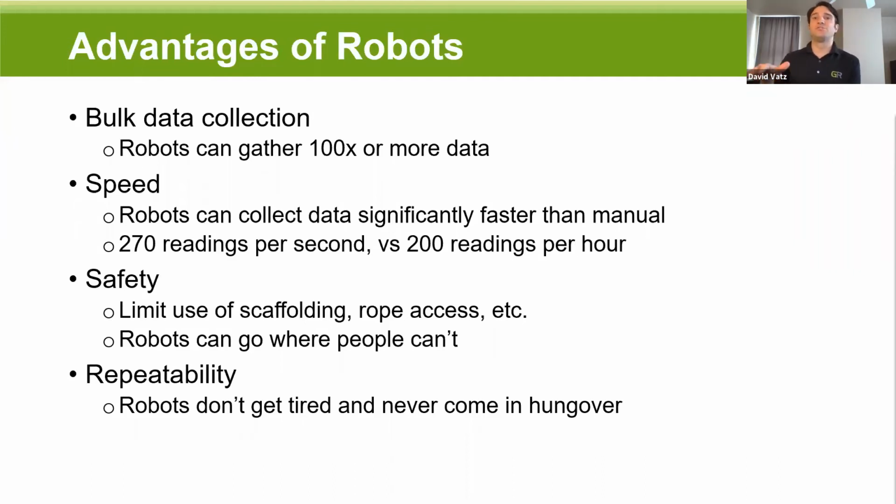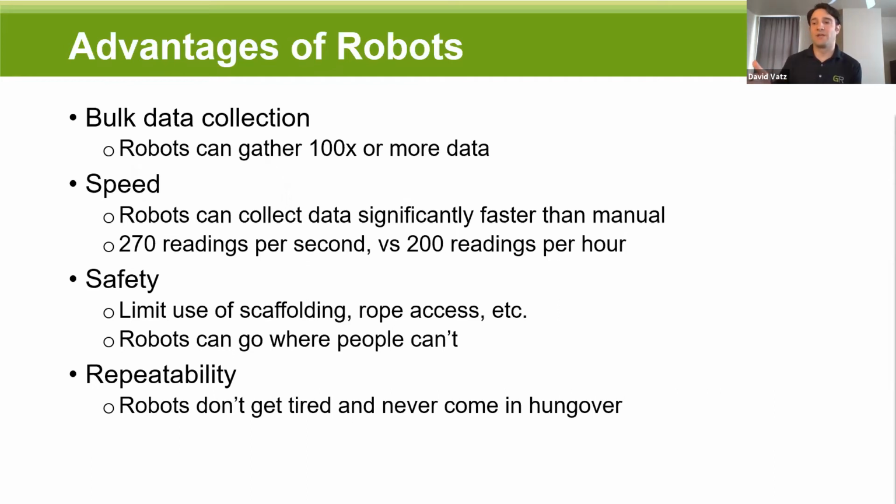So in addition to collecting a lot of data, robots can often collect it significantly faster than manual. As an example, on a recovery boiler, oftentimes we can shave 2 or 3 shifts off of the typical NDT window that you have for a recovery boiler. And again, a lot of this depends on your specific scheduling, but oftentimes we can cut 2 or 3 shifts off of it.